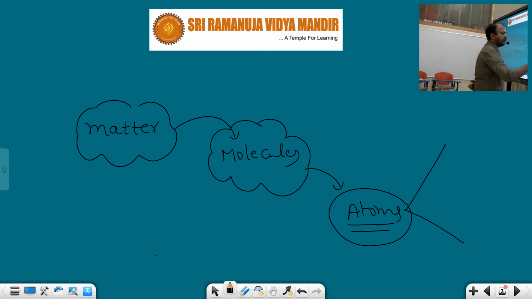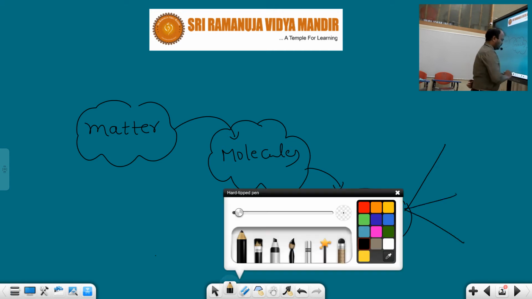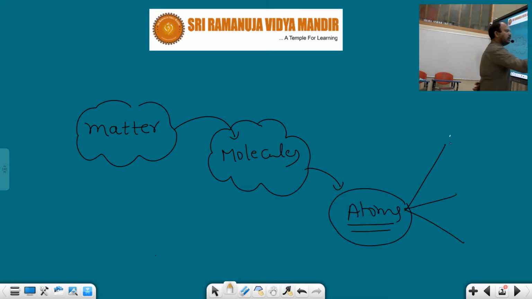These atoms are mainly made up of three particles. What are the three particles? Electrons, protons and neutrons.